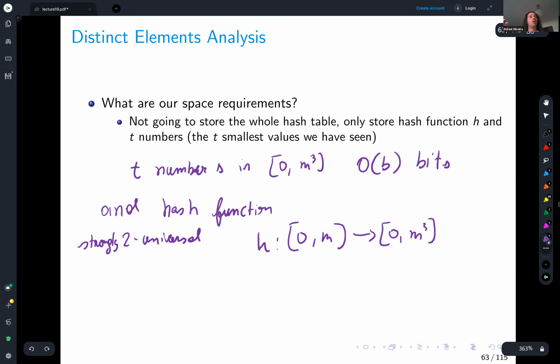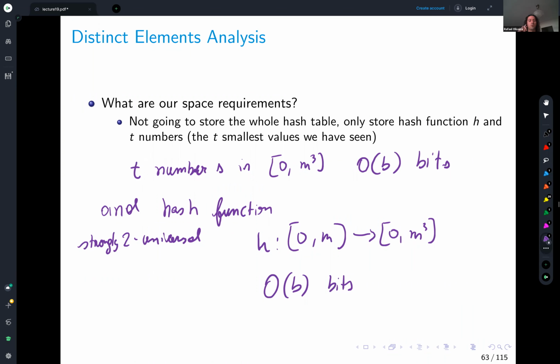But if you remember, we can store such a strongly 2-universal hash function with O of b bits as well. Because we can take, for example, the F_p to F_p construction, and that's enough. So that's certainly enough to store it. Does that make sense? And all I need is the size of the primes.